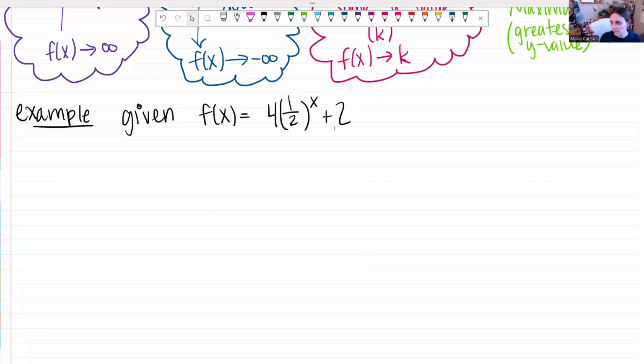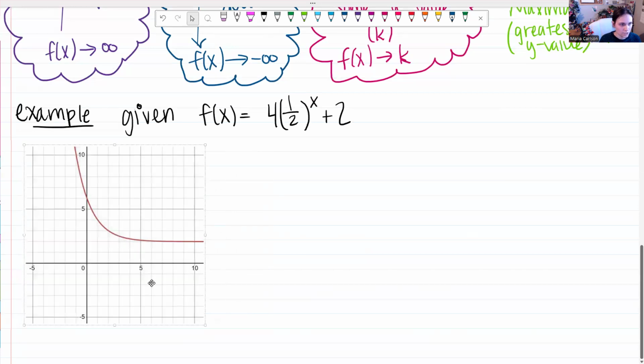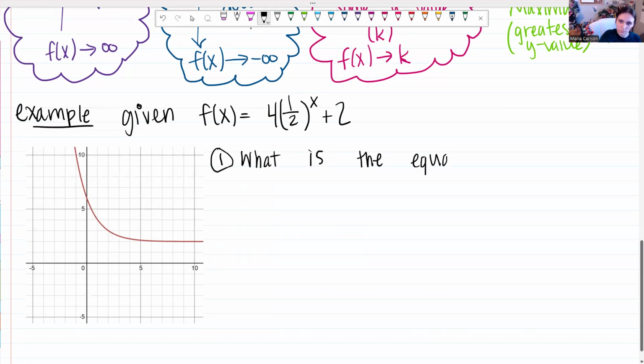And I do have a graph of this. If you can't print it out, just draw a rough sketch in your notes as best you can. And we're going to answer a couple different questions with this. Number 1. What is the equation of the asymptote?